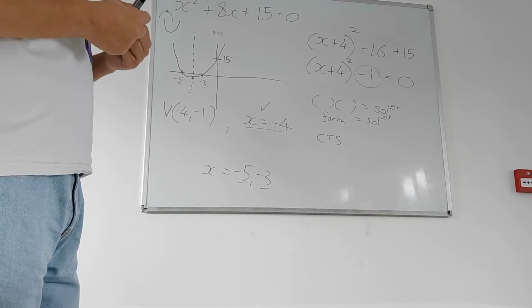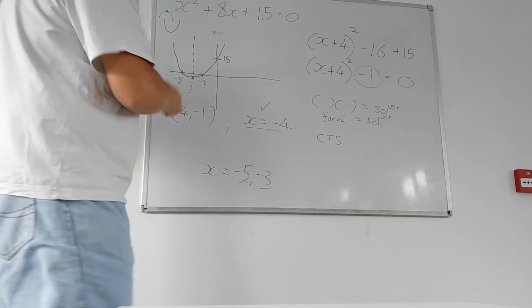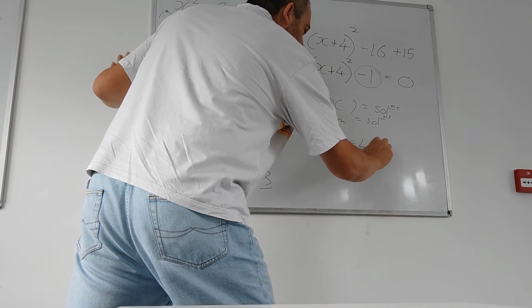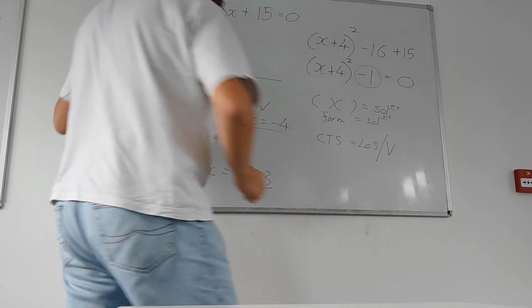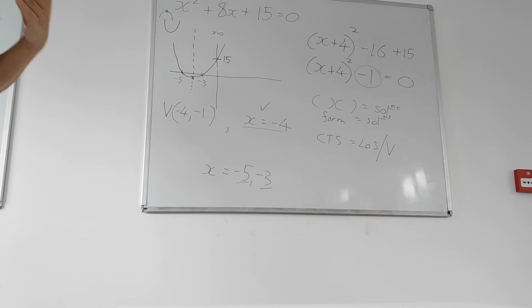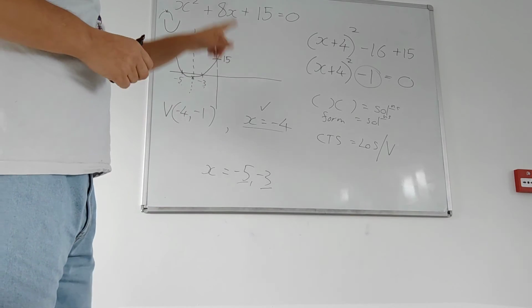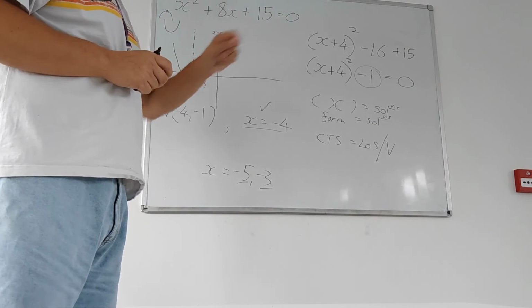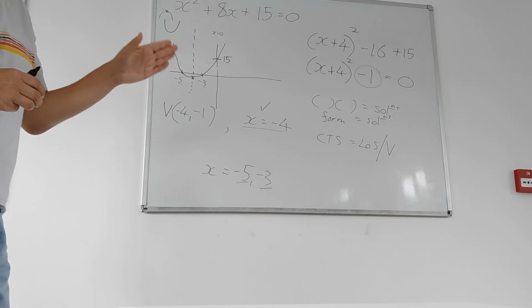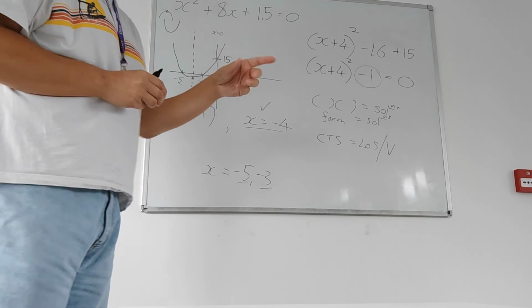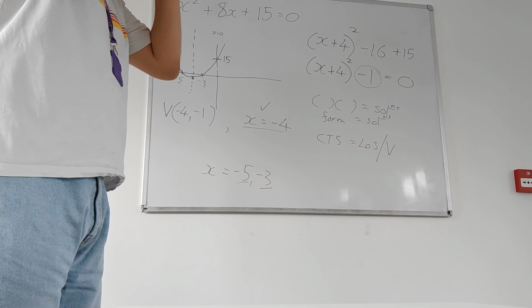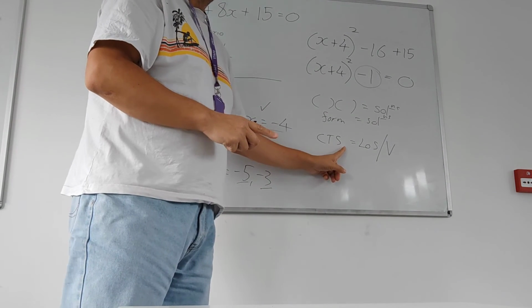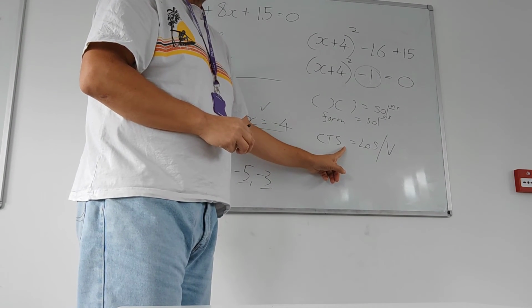So completing the square is usually done if they ask you for a line of symmetry or the vertex. So if an exam question simply says to you, here's a quadratic, find the coordinates of the vertex or the equation of the line of symmetry, that's one thing that you need to go, I'll complete the square, it's the most efficient way.